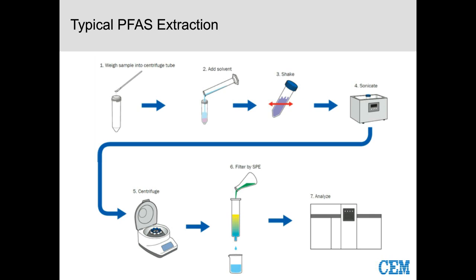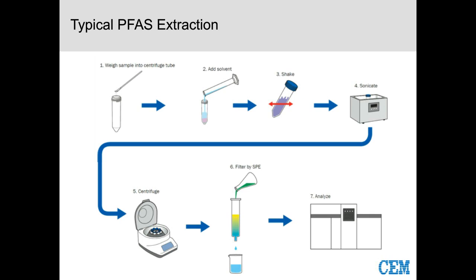Then you typically do an SPE cleanup. Typically it's some sort of graphitized carbon black with an additional 2 mLs, which brings that final volume up to 10 milliliters. And you would add internal standards at this point as well. And then you would bring it over and run the analysis. So what you see is this is a very manual process. There's a number of different steps involved, and it takes over an hour to get through all of these steps.